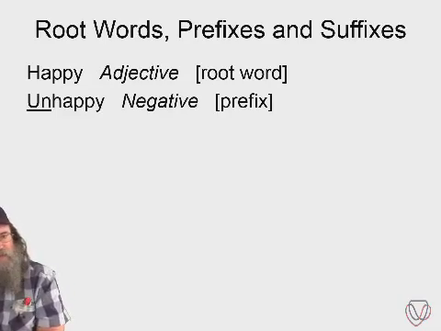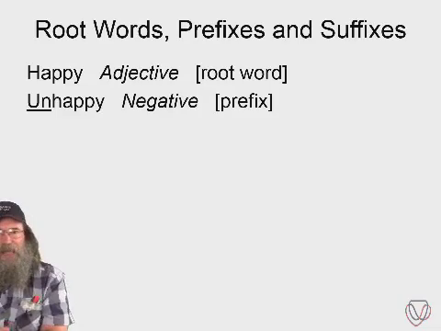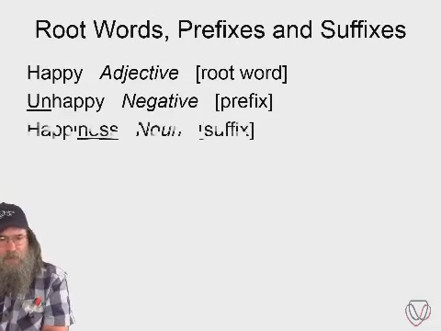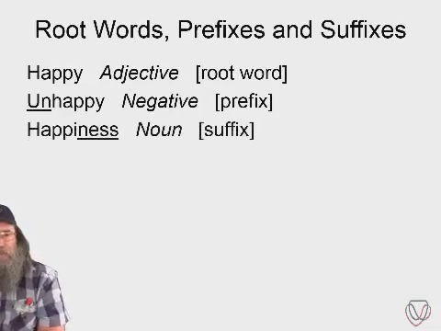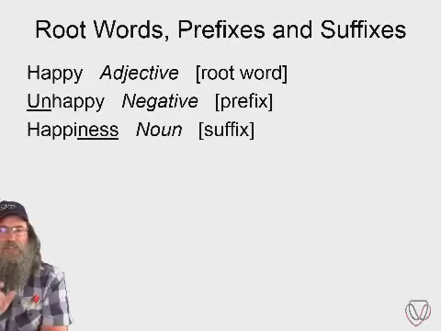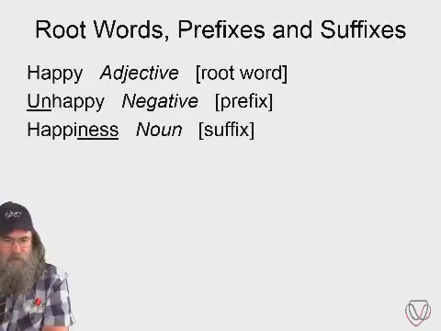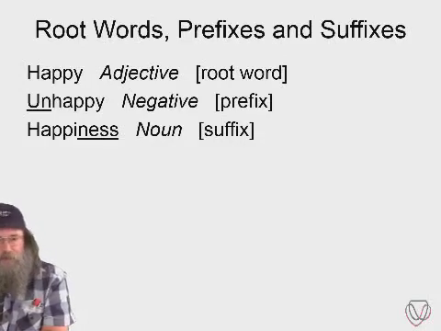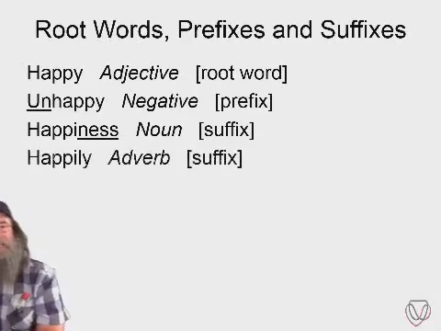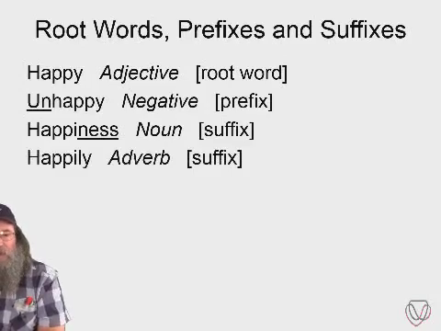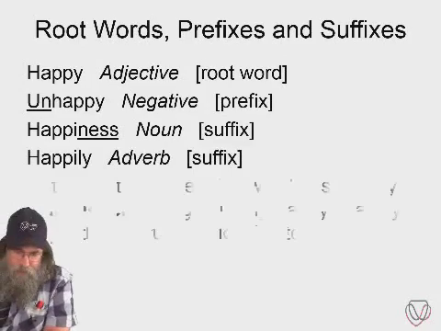Nothing difficult there, but it's simple and could come up as an exam question. Then, happiness. Now we have a noun by the addition of a suffix. Okay? Happiness, of course, abstract noun again. Happily. There, once again, a slight difference in suffix, and you have an adverb.